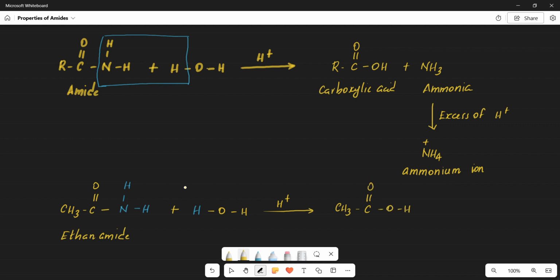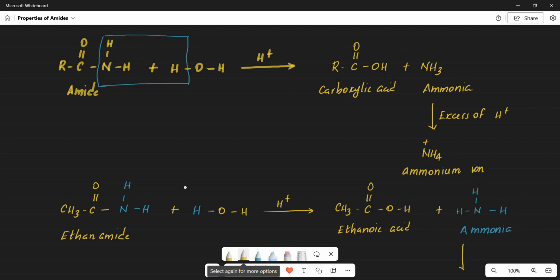I connect all the yellow material. Then I'm going to connect all the blue ones, N H H H. So this is ethanoic acid, and the blue one is ammonia.